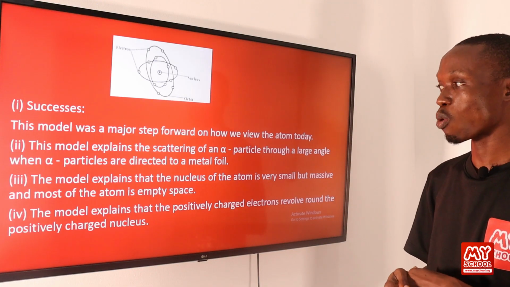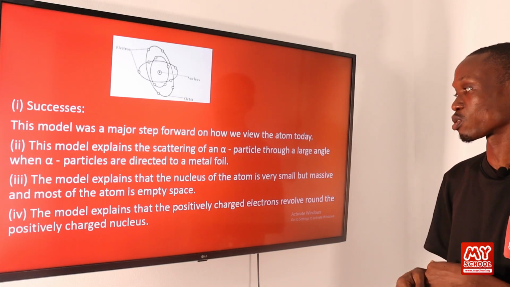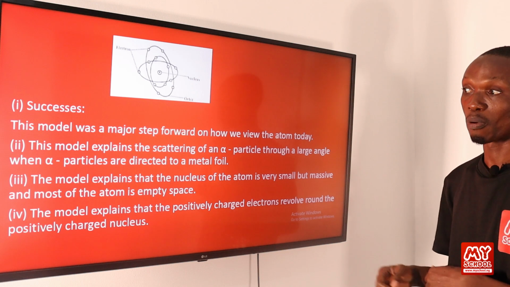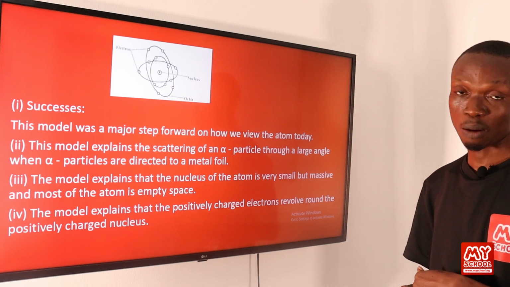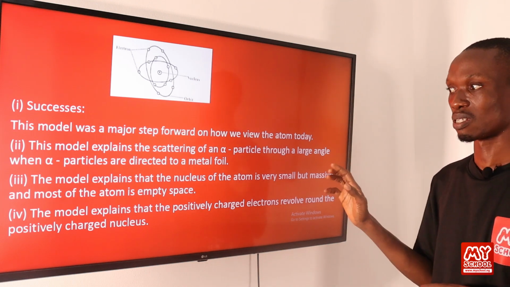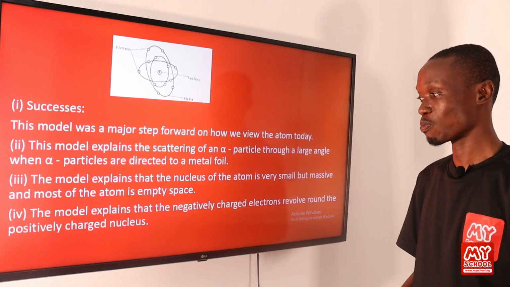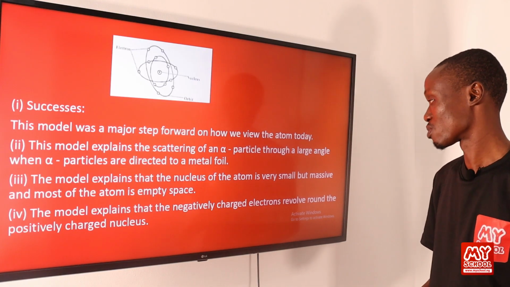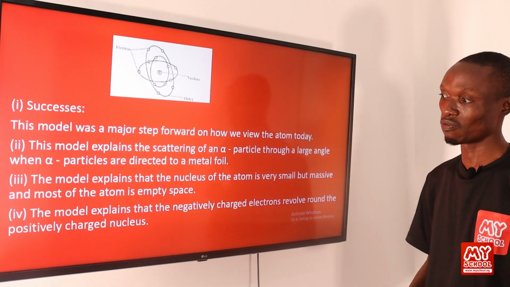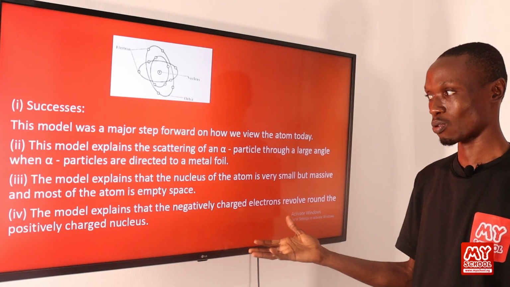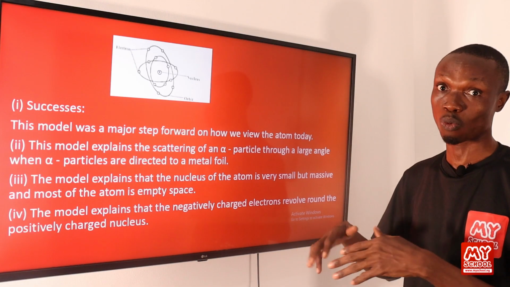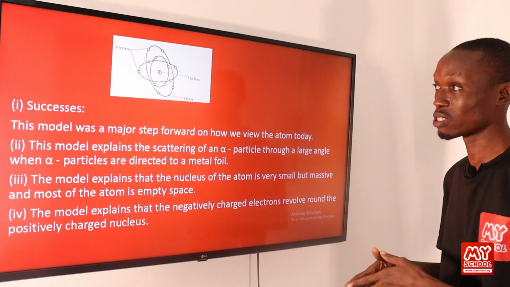Then 3, the model explains that the nucleus of the atom is very small but massive, and most of the atom is empty space. Then 4, it explains that the negatively charged electrons revolve around the positively charged nucleus. So from here, we can bring out some conclusions from Rutherford's model.